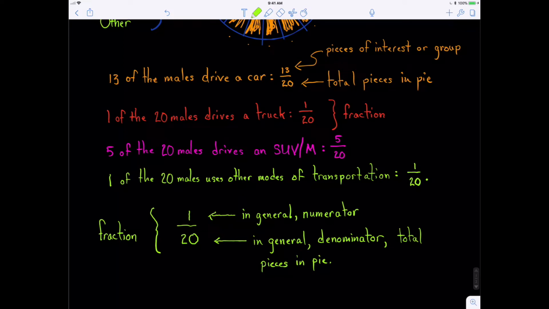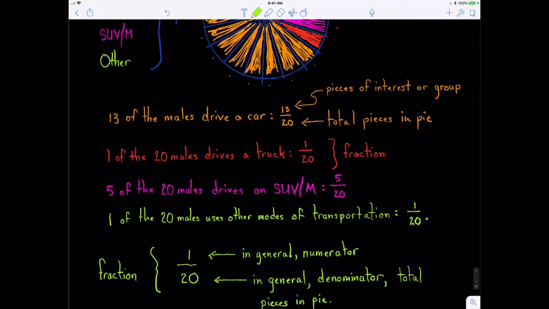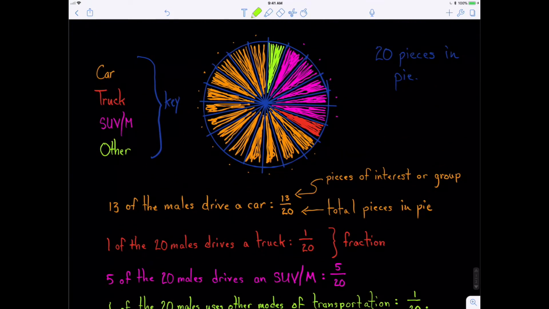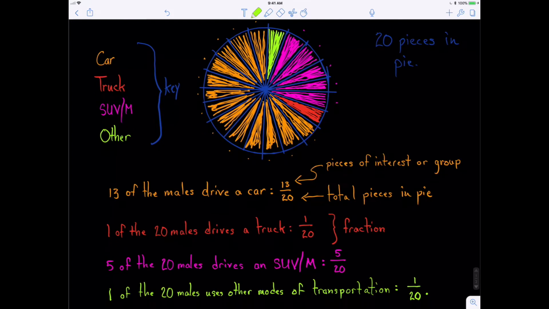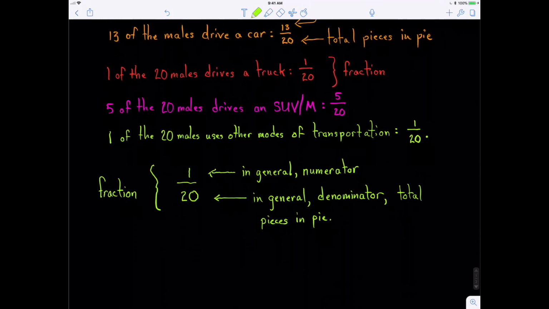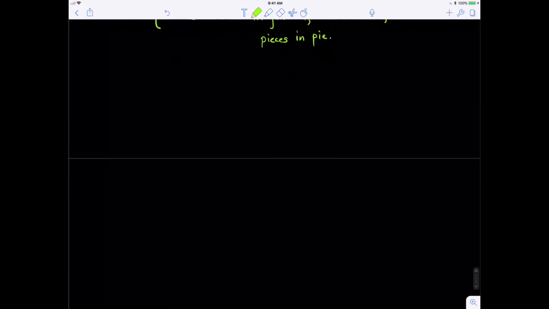Okay, now I want to go back, since our picture up above, and we'll return there, has got a lot going on, and it's visually difficult for us to keep track of 20. So instead of working with that, let's take a look at a simpler pie. So I'm going to come down here and make us a simpler looking pie.